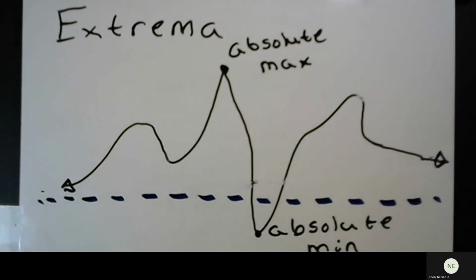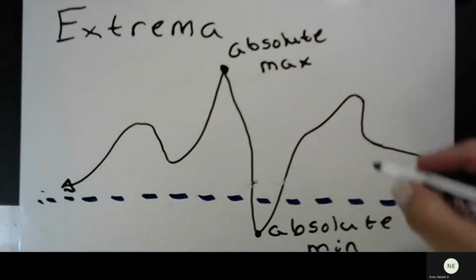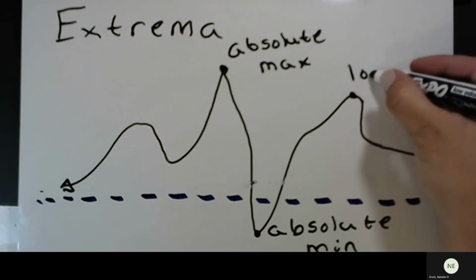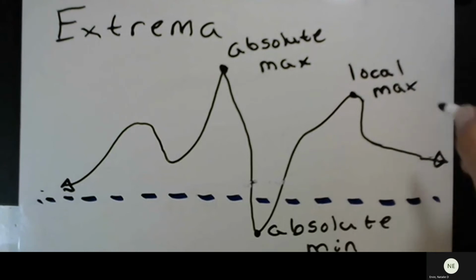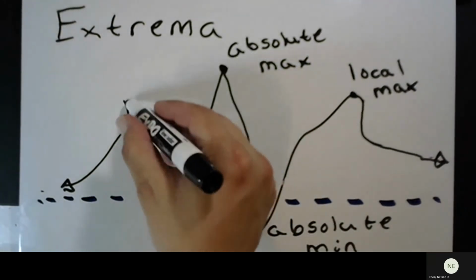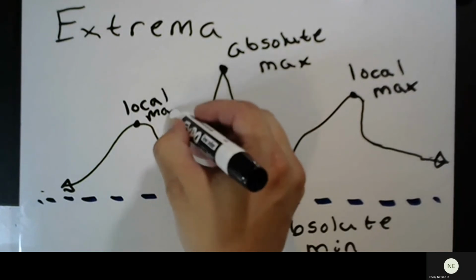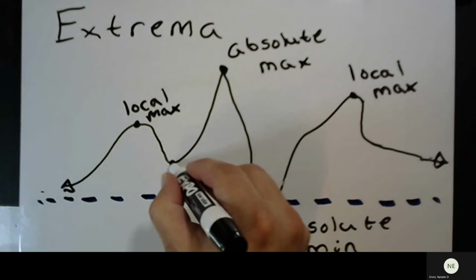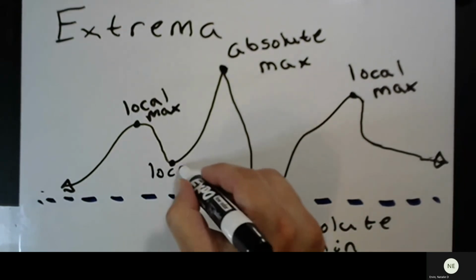And taking a look at this, this is a high point, but it's not the highest point. So we can call this a local max. And we've got another local max over here. And then we have a local minimum. It's not the lowest point, but it's just a locally low point.